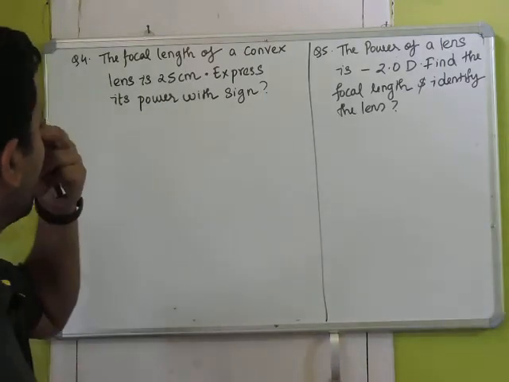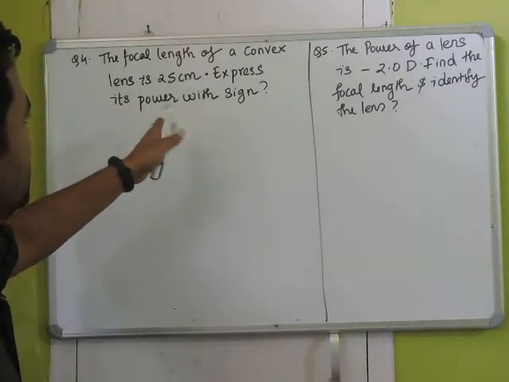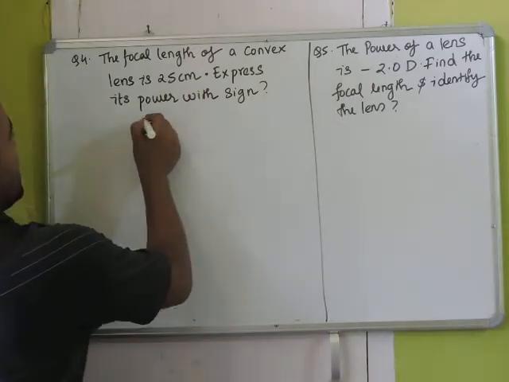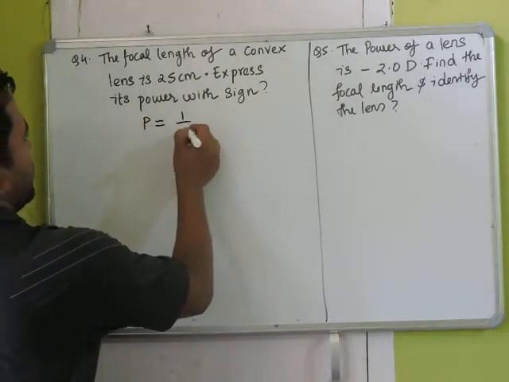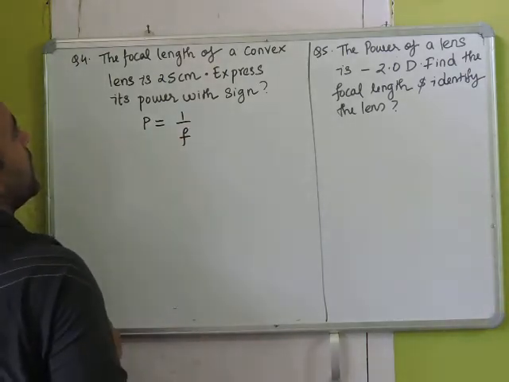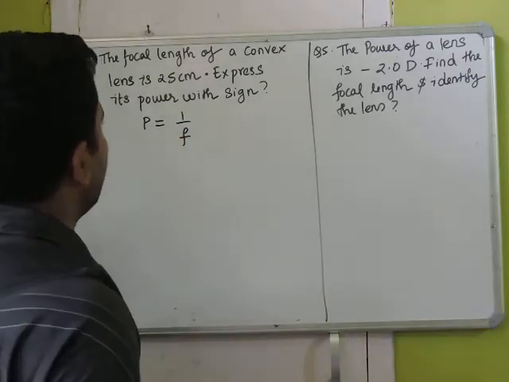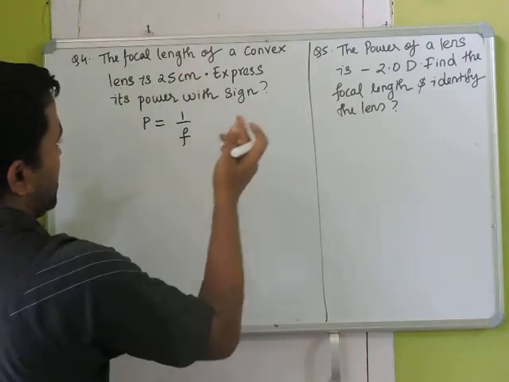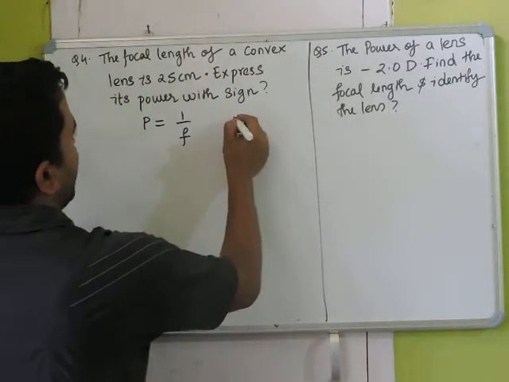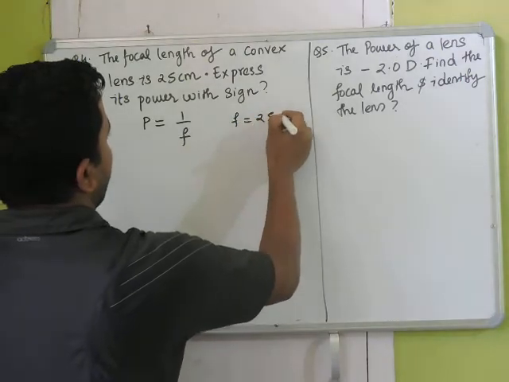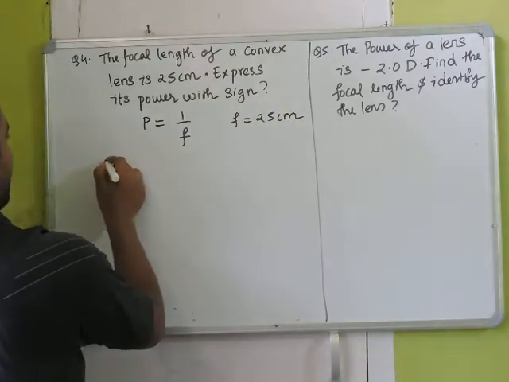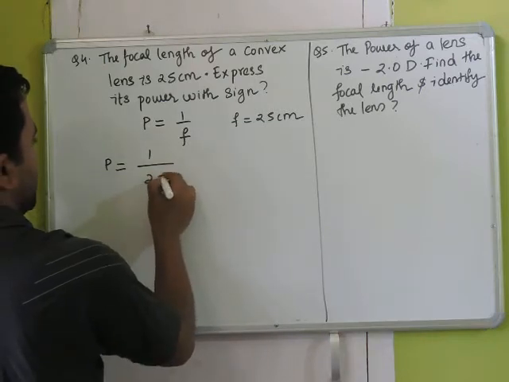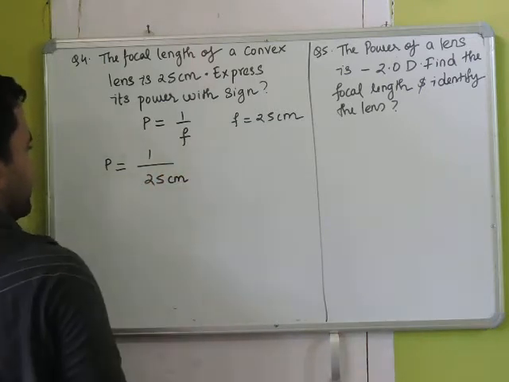In this question number 4, the focal length is given, you have to find the power. So if you remember, power of a lens is given by 1 by f, right? And f is given, the focal length of a convex lens is positive always, so f is 25 centimeter. So power is going to be 1 by 25 centimeter.